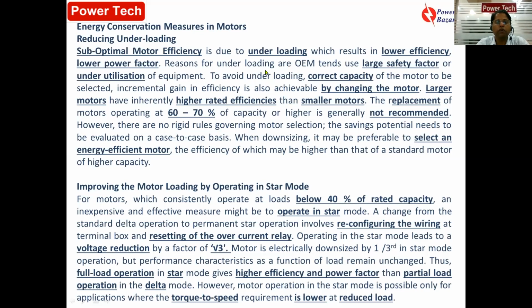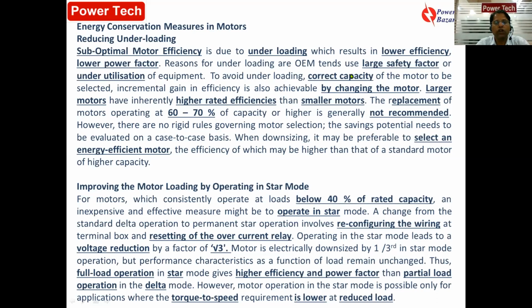What are the reasons for underloading of motors? Normally, the OEM, original equipment manufacturers, take large safety factors during design of the motor, due to which, at actual conditions, the motor loading is low because the load requirement is small. To avoid underloading, what can be done?